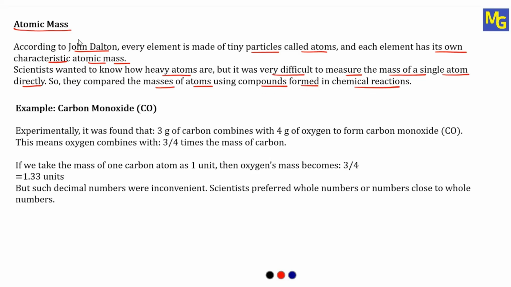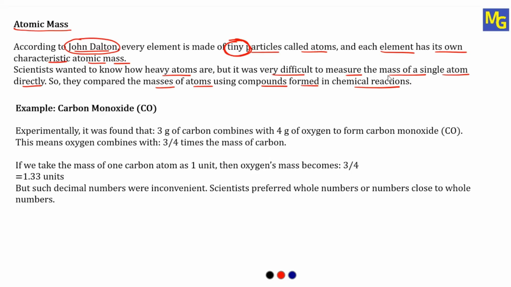So see here, Dalton gave the atomic theory, and in it he told that matter is made up of particles, and these particles are very tiny, and every atom in an element has a characteristic atomic mass. As they started finding the mass of these atoms, they saw that atoms are so tiny that we cannot see them with our naked eyes.